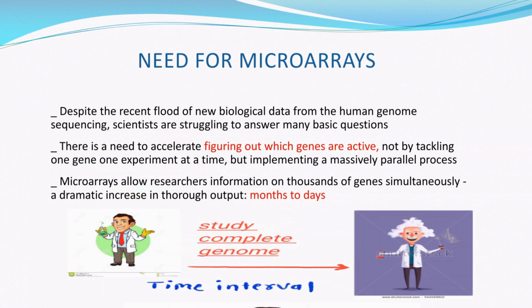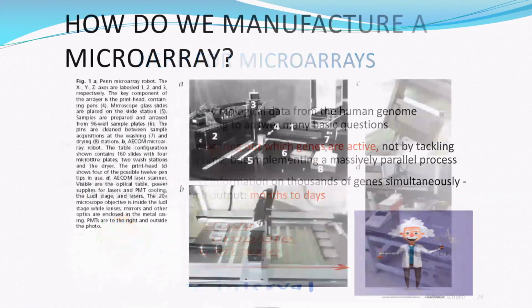To measure the activity of 20,500 genes, we would require at least 5 to 10 years for one single study. With the help of DNA microarray, we are able to detect the activity of those 20,500 genes within 1 week. This is the drastic advantage of DNA microarray.